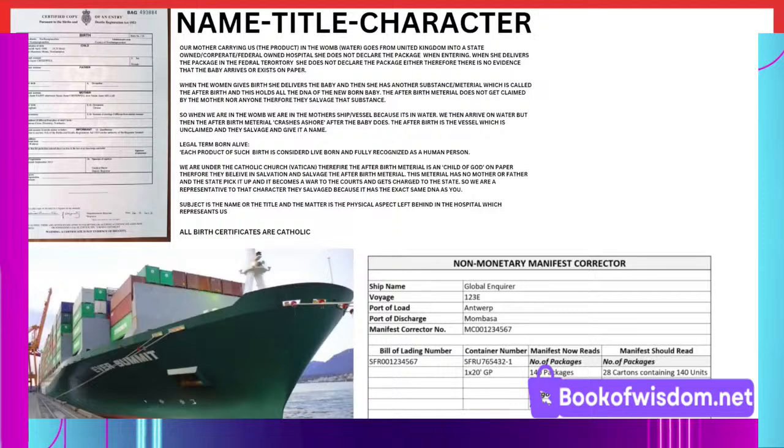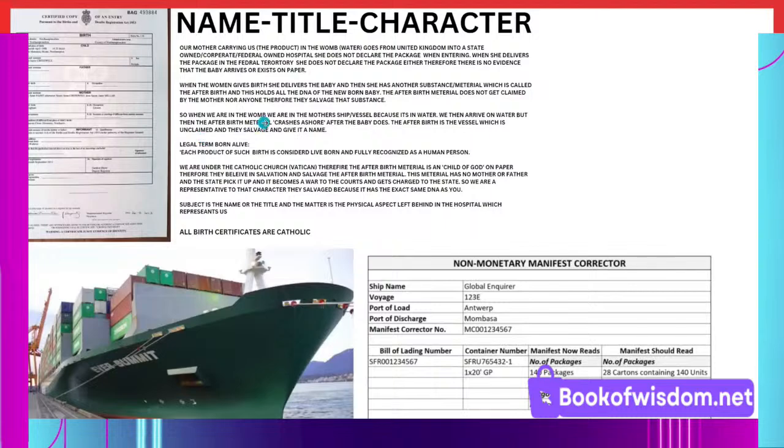So Rome are Catholic and they believe in salvation. This is how religion comes into this. This is how they use religion to get this. So they salvage the afterbirth material and they claim it and they salvage it and charge it to Rome. And they give it a name.